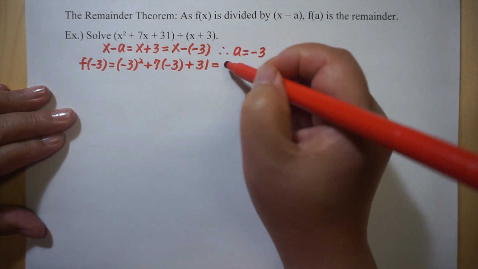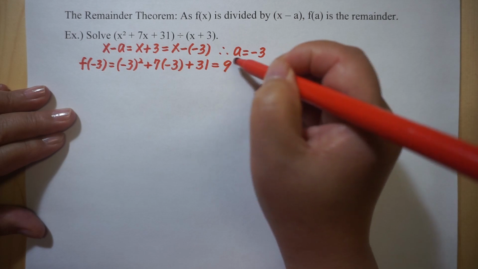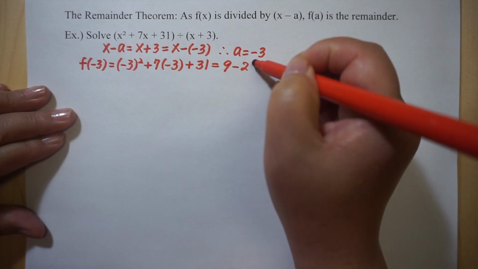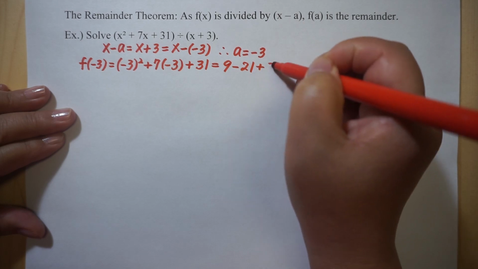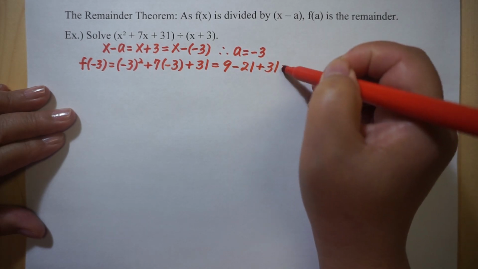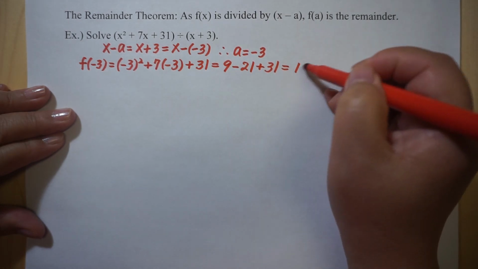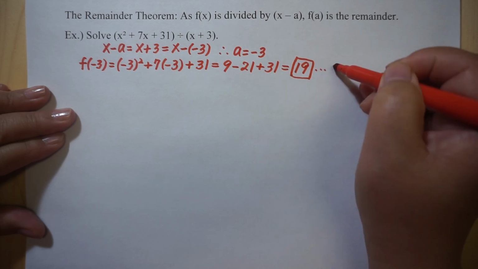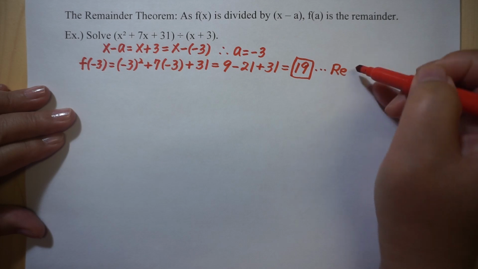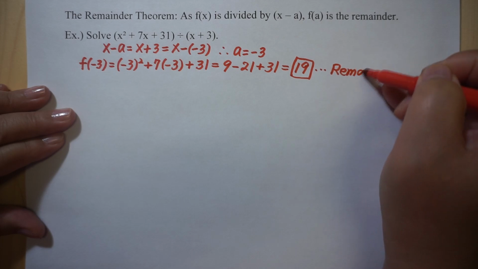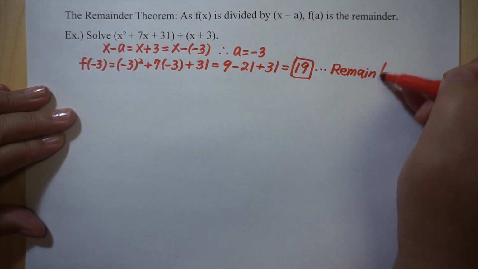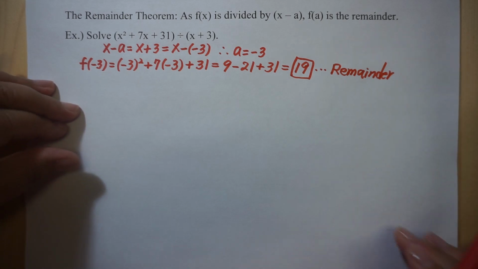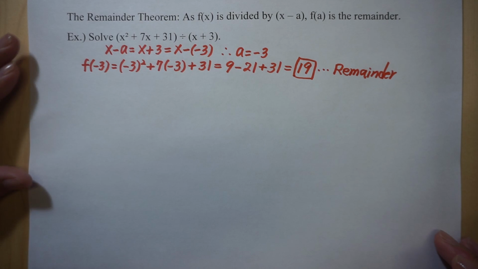Negative 3 squared is positive 9, and 7 times negative 3 is negative 21, plus 31 is equal to 19. So this is the remainder. Next, I'm going to show you synthetic division.